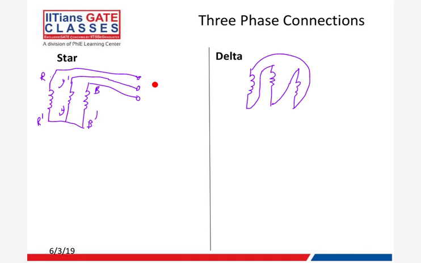And here this would be R, Y, B, R dash, Y dash, B dash, and the terminals would be 1, 2, and 3. So this is called a star winding, or an open winding, or also a series winding.